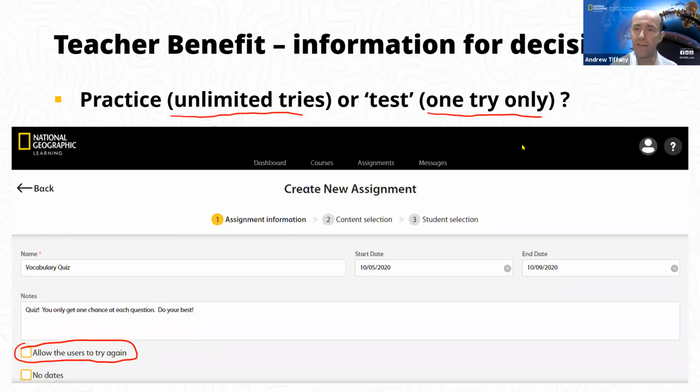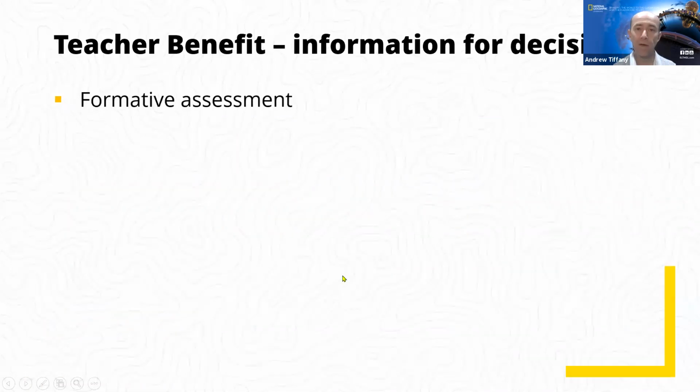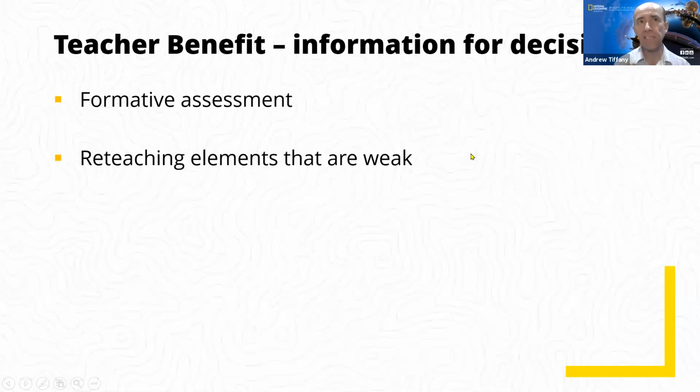Good. Now that we've talked about teacher benefits a bit, the last thing I want to mention here is formative assessment. Usually this is what you do in class: as the students are doing things, you're checking on their ability as you go. As we see the data, maybe there are elements we need to keep reteaching because the students are weak in those areas. Maybe there are areas we can skip over quickly because the students apparently know them.